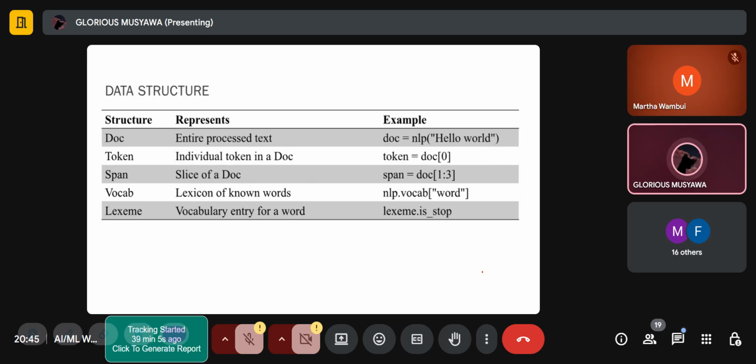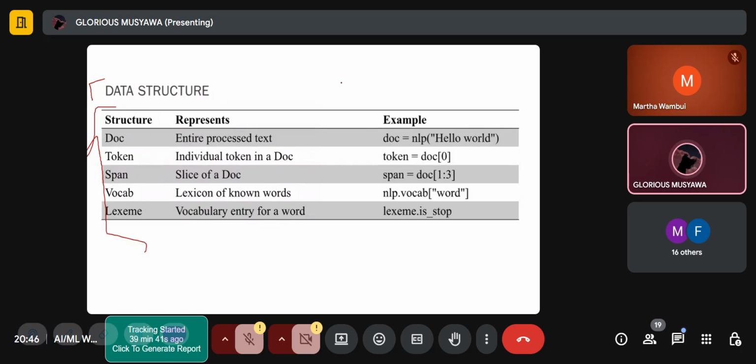Doc is basically a document, the entire processed text. These are aspects of spaCy, and you'll find yourself using them when you're coding with spaCy. A token is an individual token in a doc. A span is a slice of a doc, a part of a doc. Vocab is a lexicon of known words, like vocabulary, it's not as complicated.